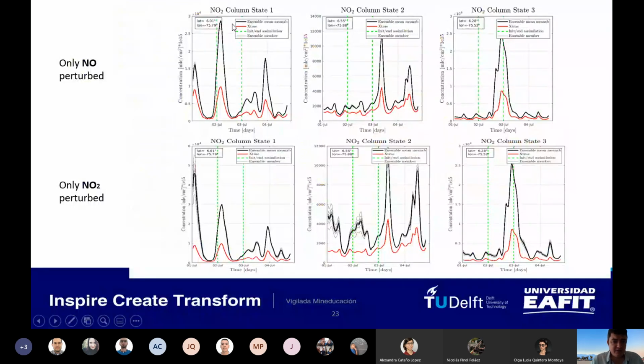Let's pay attention to the black process, which is the NO2 concentration column, and this is for two components. I first analyzed what happened when you only perturb NO and NO2, these two chemicals that I showed you, yes? And this is the perturbation of this initial state, okay?